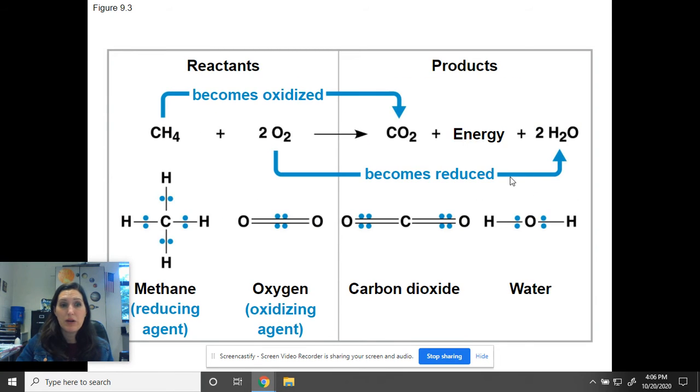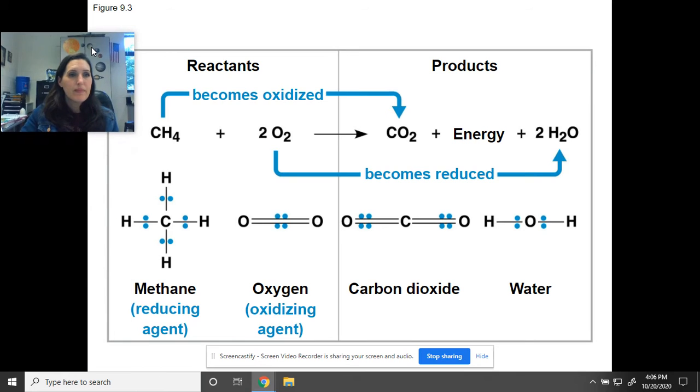Okay, let's look at this big picture. I had to go see Miss Reese on this one to help me figure out what was happening. Okay, let's look at this. This is methane. But it's all about the hydrogens. Remember, here is hydrogen attached to the carbon, and carbon loses those hydrogens and becomes carbon dioxide.